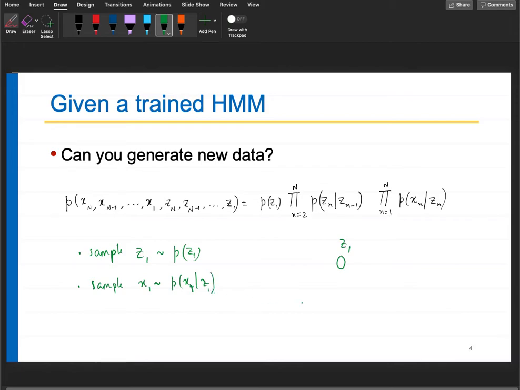So I obtained X1. Next, I will obtain Z2. I will transition to the next value of the state, at the next time instant. So I sample Z2 from the probability of Z2 given Z1. Similarly, I will sample X2, and in this way I can proceed. This is how I sample new data from the given model.